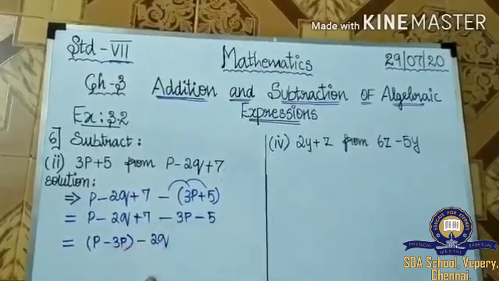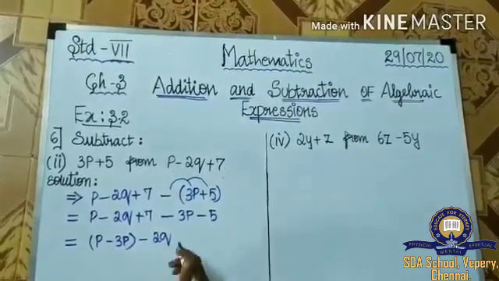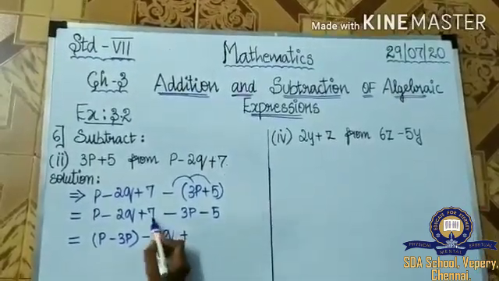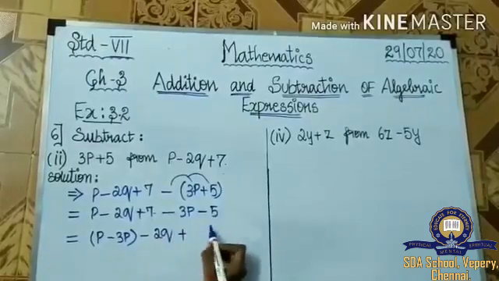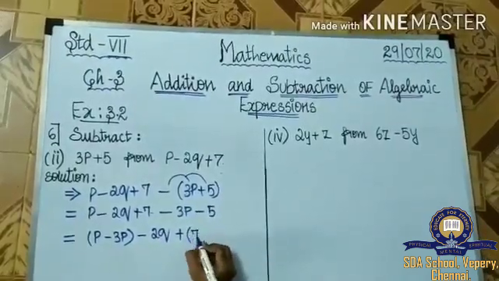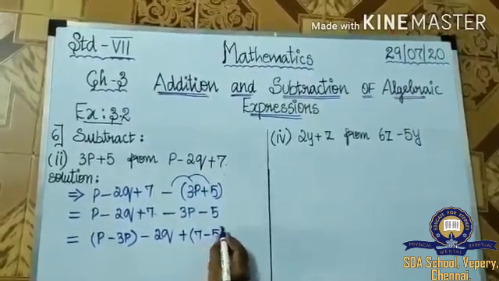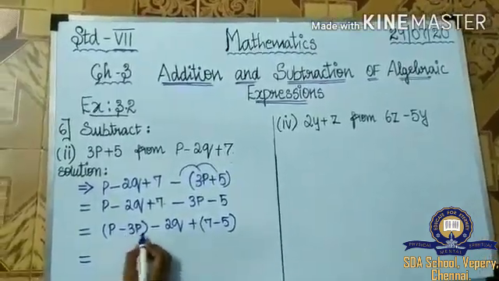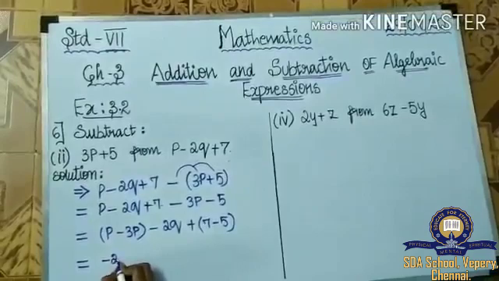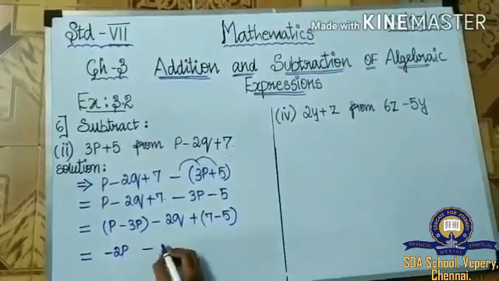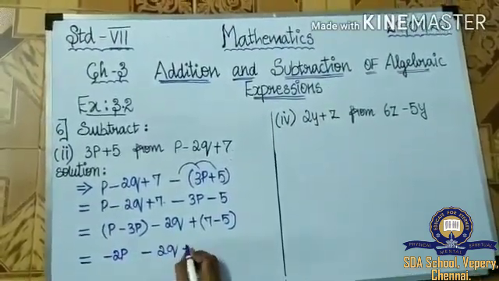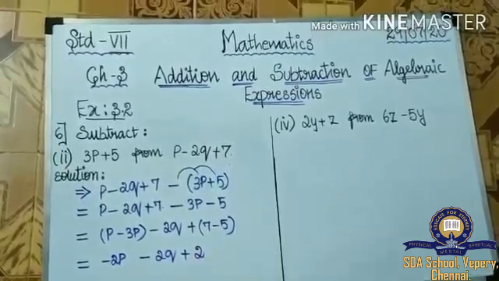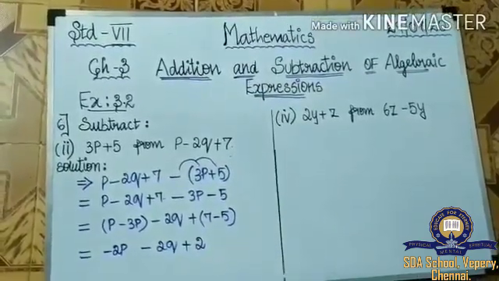Here we have only 1q. So you put it as it is in this question. Plus, so 7 and then 5. Constant terms. So 7 minus 5. Okay students. So we will get minus 2p minus 2q plus 2. Okay students, are you clear?